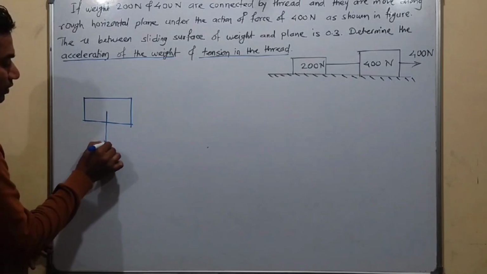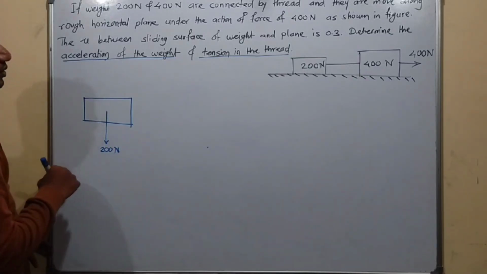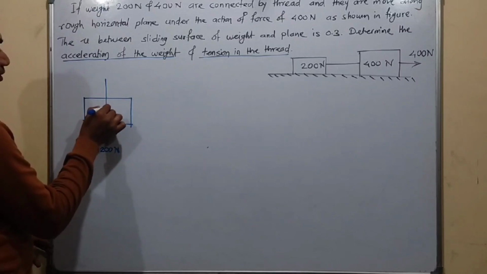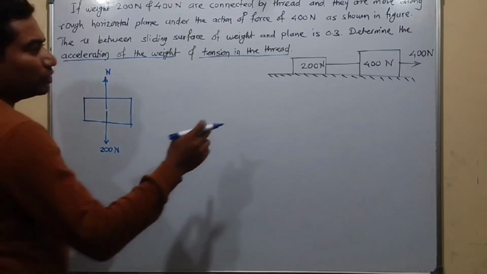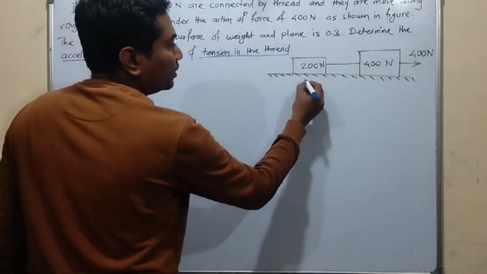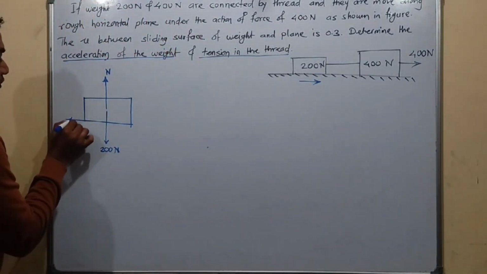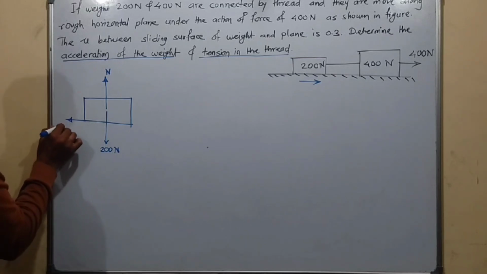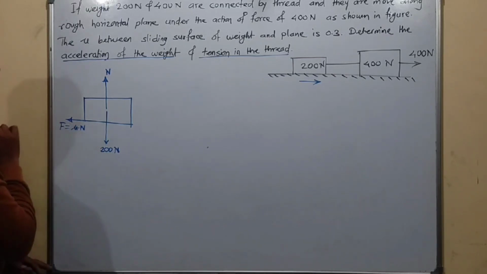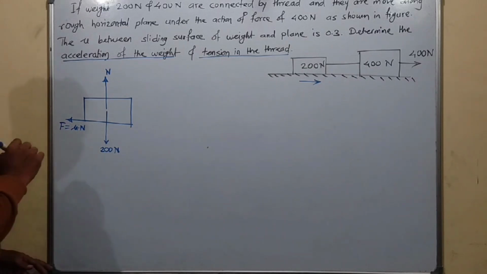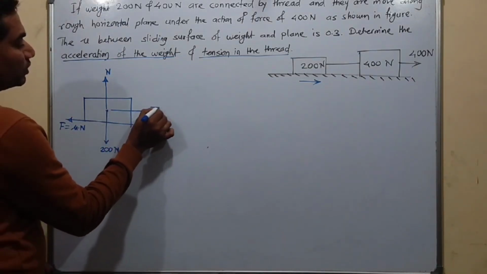So self weight is acting vertically downward, it is 200 Newton. Then normal reaction, it is vertically upward. The motion of this 200 Newton block is towards right, so friction force is towards left. This is F, that is mu into N, and the tension in the string is towards right.